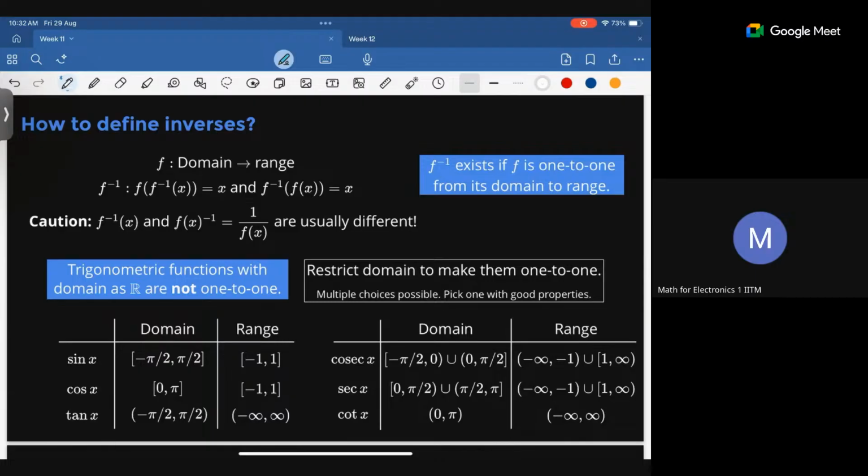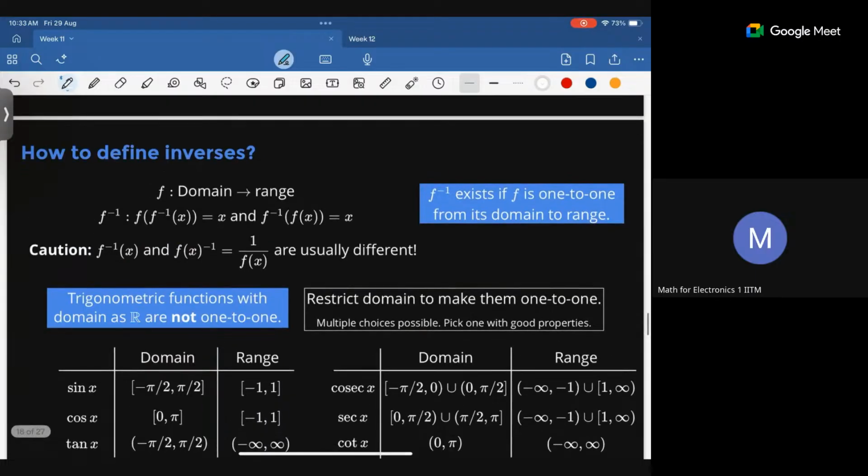As we know, inverses should satisfy this condition: f inverse of f of x should give back x. Similarly, f of f inverse x should give x.